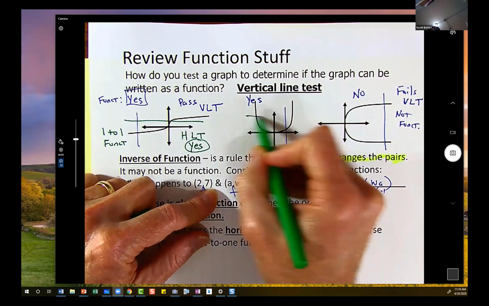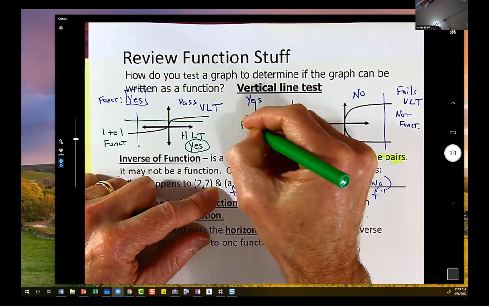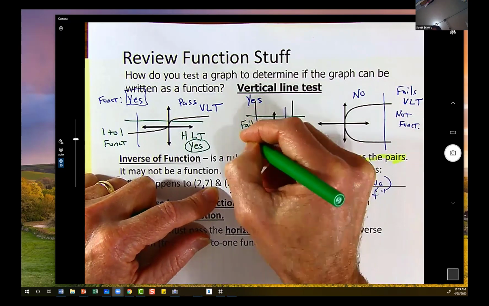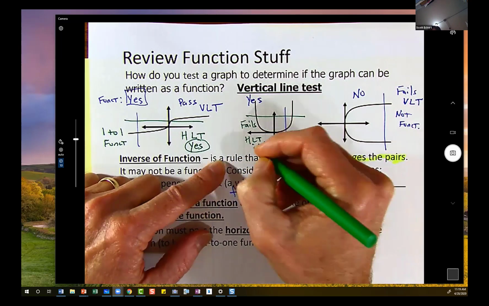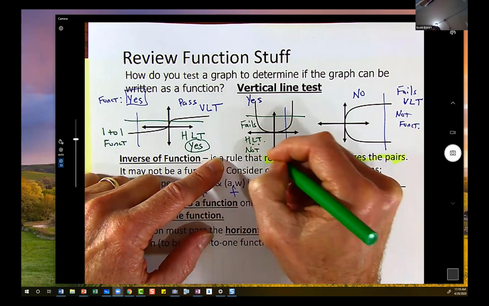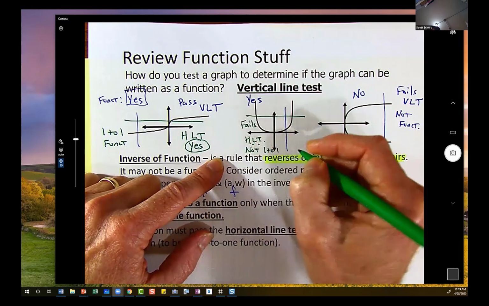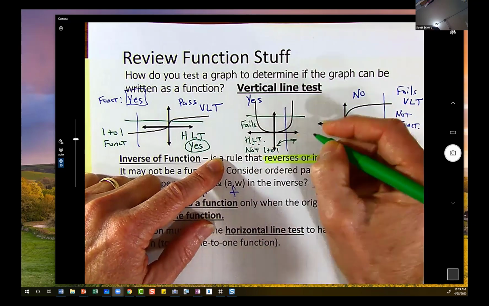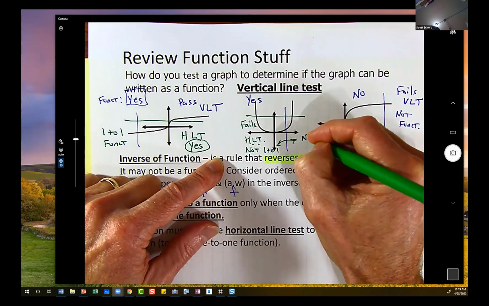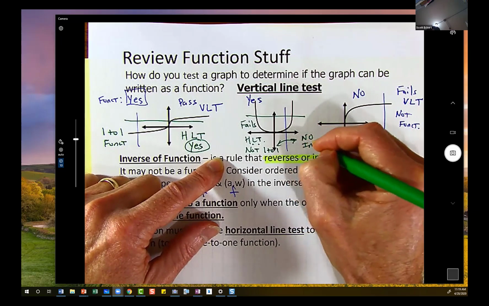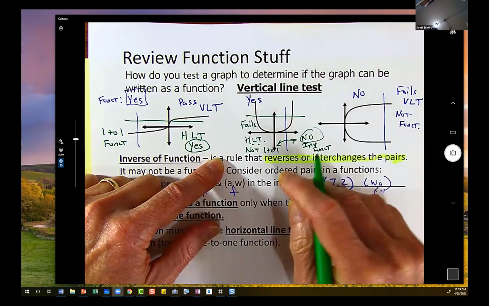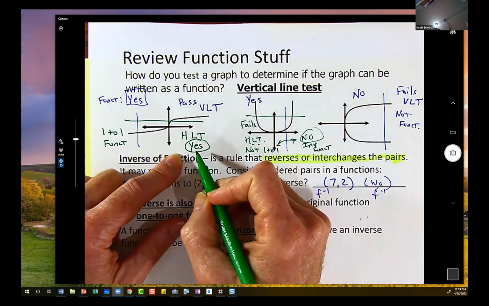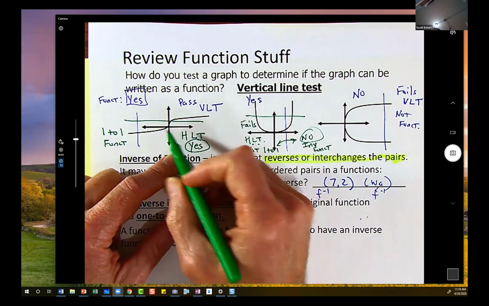Horizontal line test, this one fails. So this is not 1 to 1. When it's not 1 to 1, it means there is no inverse function. But when it is 1 to 1, an inverse exists.